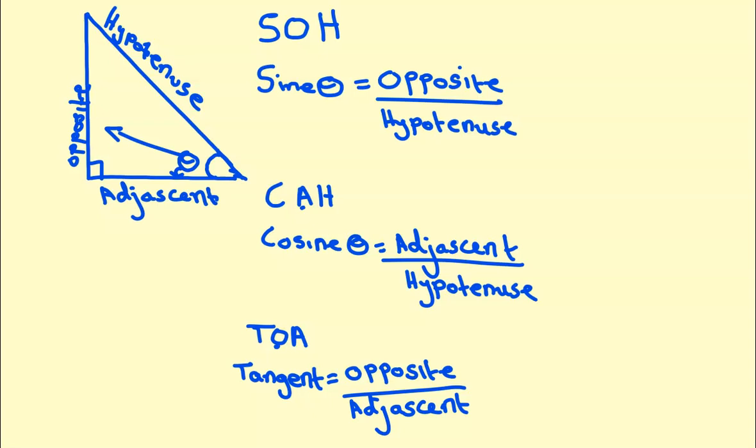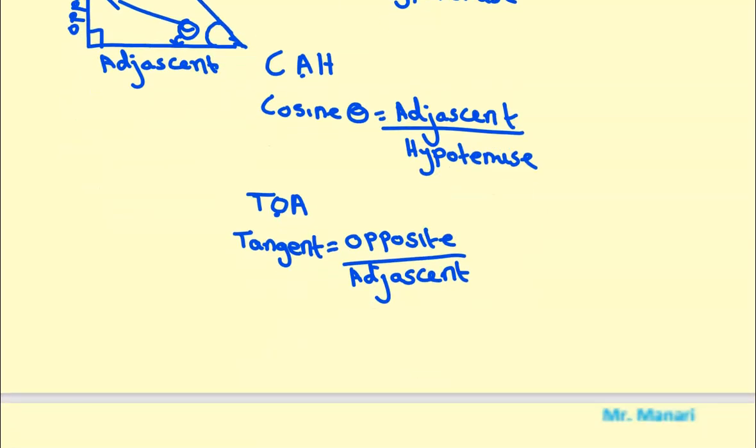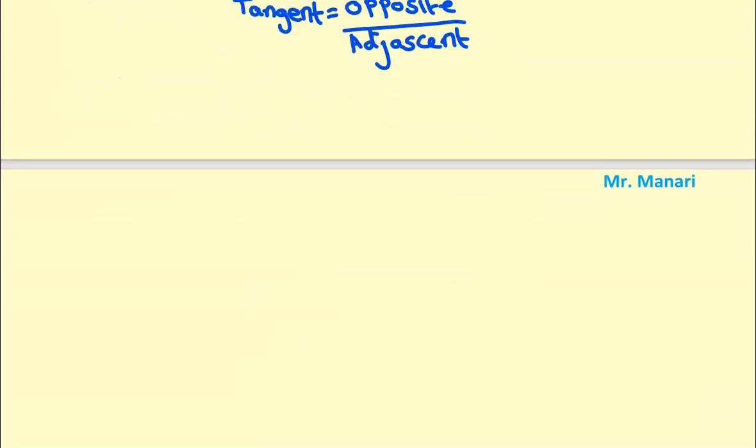For example, let's start with sine. So with sine, I mean soh. For soh, we mean if we have a right angled triangle, we've been given two sides.